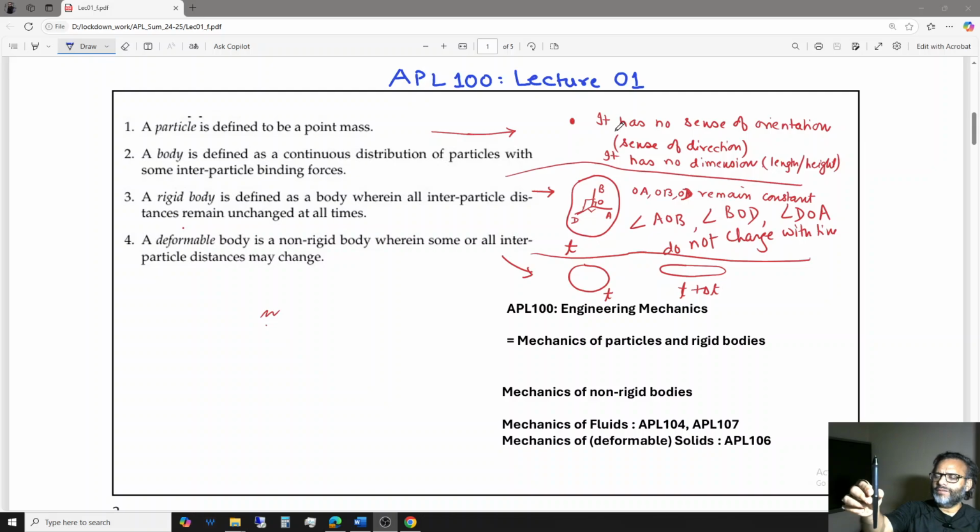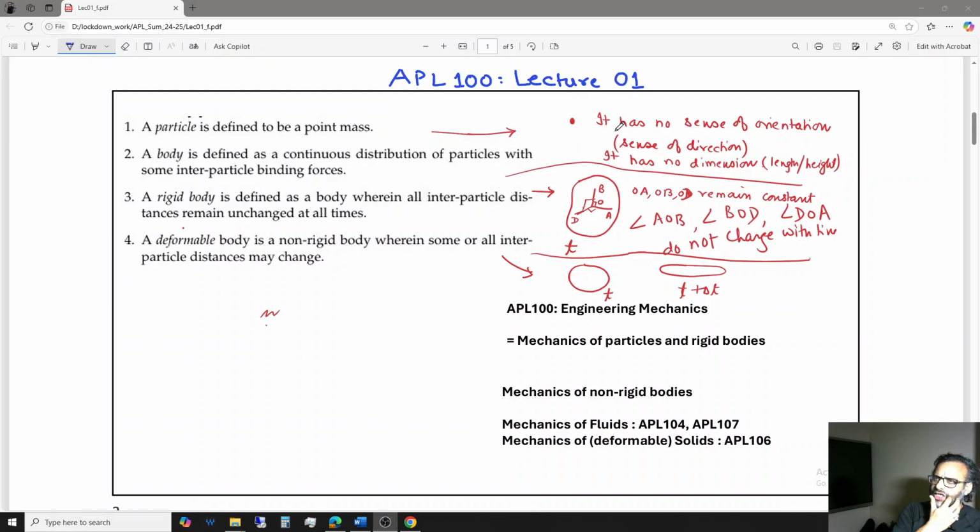At a later time instant, the tip of the pen may be pointing rightwards. So it is the same pen, but I would say the orientation of the pen has changed while I observed it. This is what I mean by change in orientation. Coming back to a particle, since it has no dimensions, it does not have any sense of orientation.